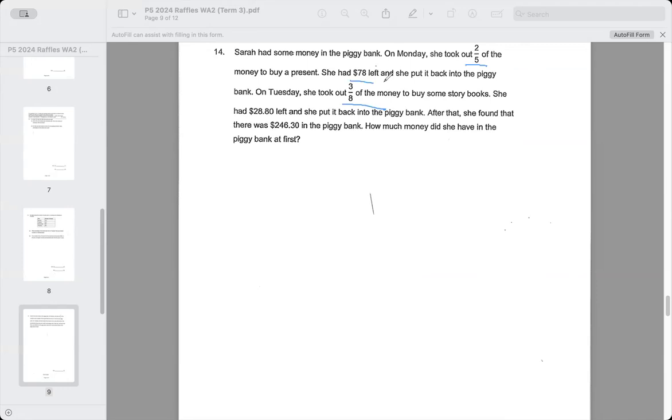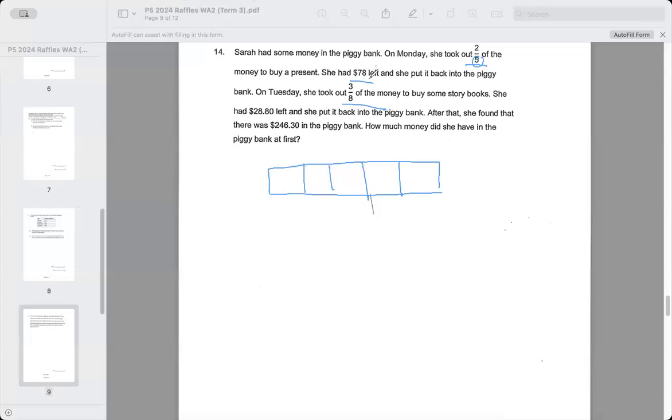For this, we will always start with the first fraction first, which is the original 2/5 of the money. So let's draw. The total units will be 5, looking at the denominator. So 1, 2, 3, 4, 5. She took out 2/5 to buy a present, but take note, she did not spend the 2 units.